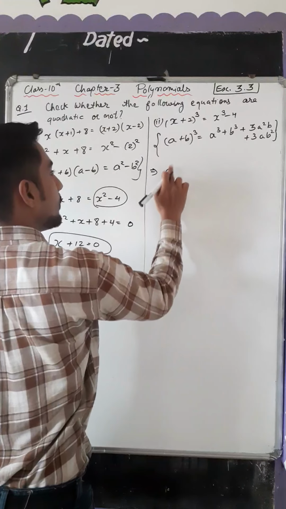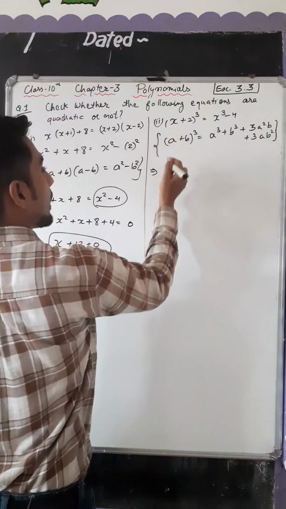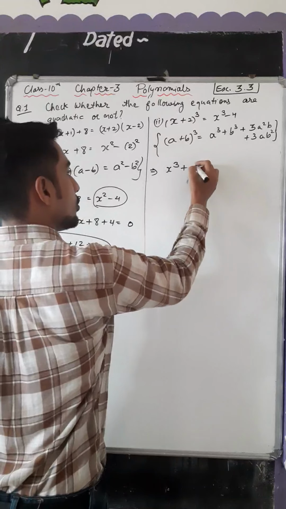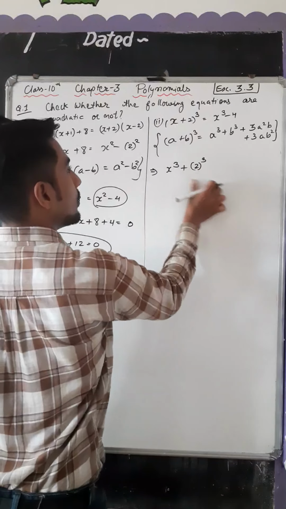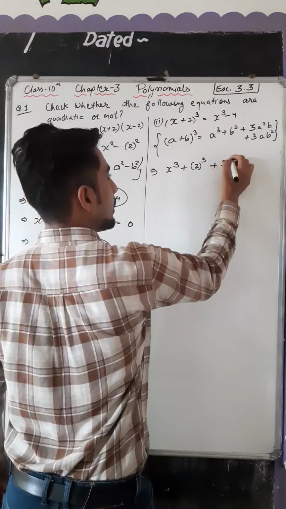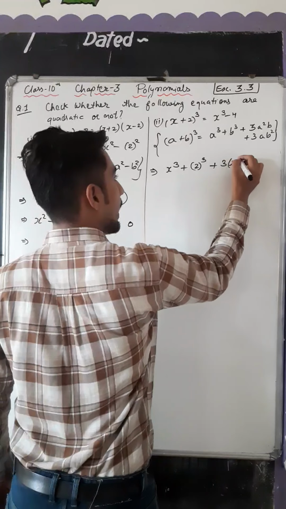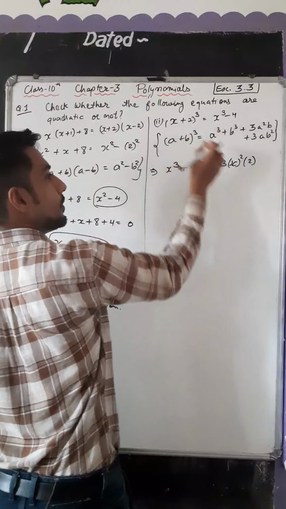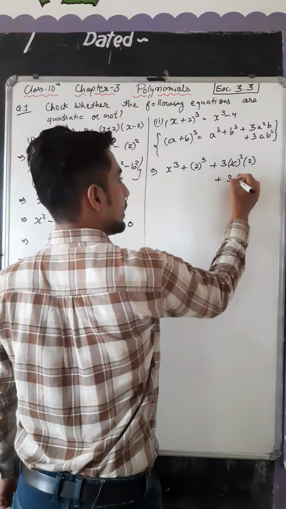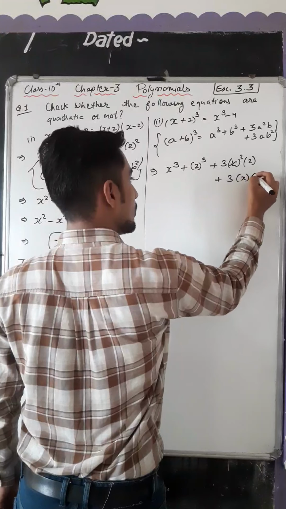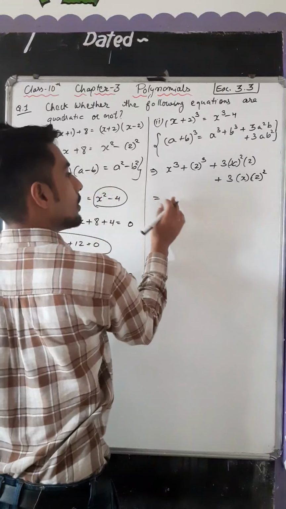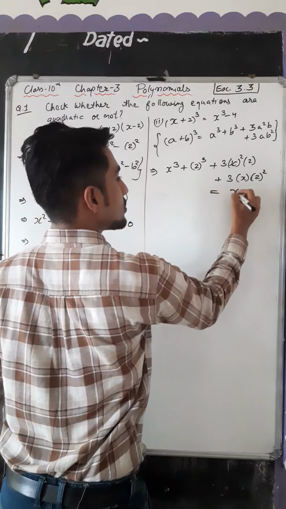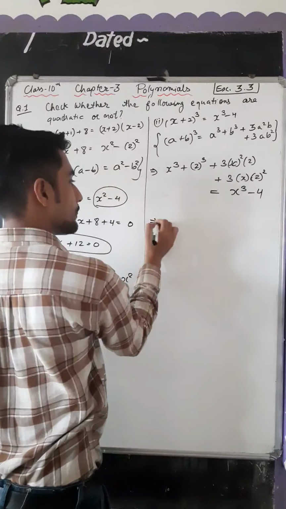So what is a here? This will be x cube plus 2 cube, then 3 into x square into 2, this b is 2, then 3 into x into 2 square, and on the other side this is all equal to x cube minus 4.